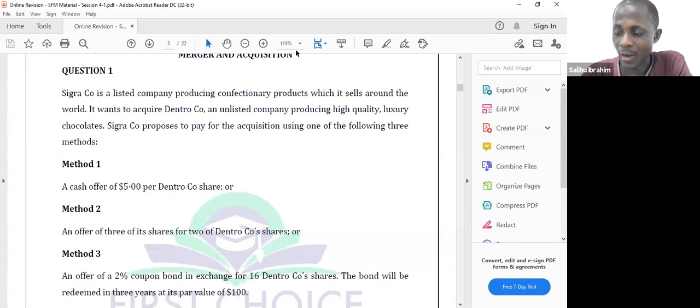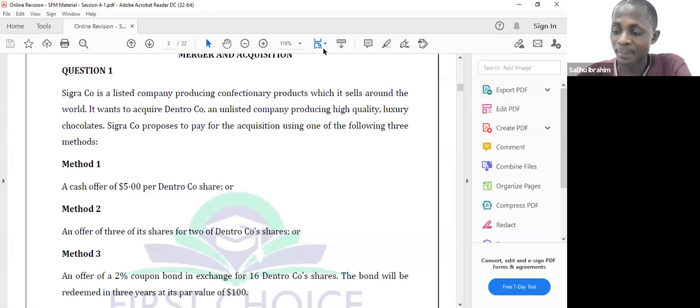Step one is that you compute the market value. I believe you are with your jotter and your biro, so that you can jot the steps involved in merger and acquisition that I'm giving you right now.